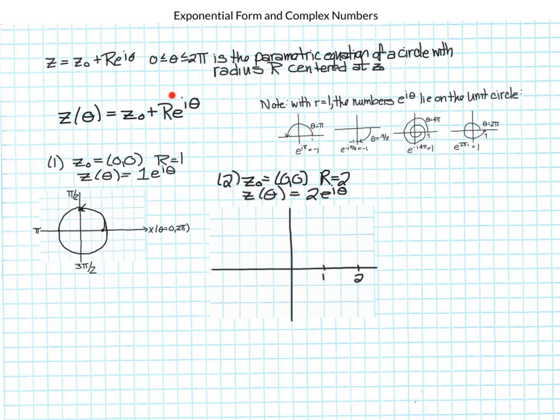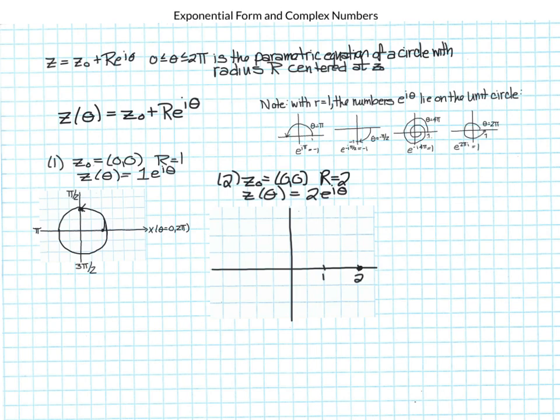Now I'm going to plug in a different r, r equals 2, just to see how that's going to affect our graph. Essentially it's just going to make the same circle but with radius equal to 2. So z of theta is now equal to 2 e to the i theta. We can read off the radius, we can read off the angle. As theta is at 0, we get the point 2.